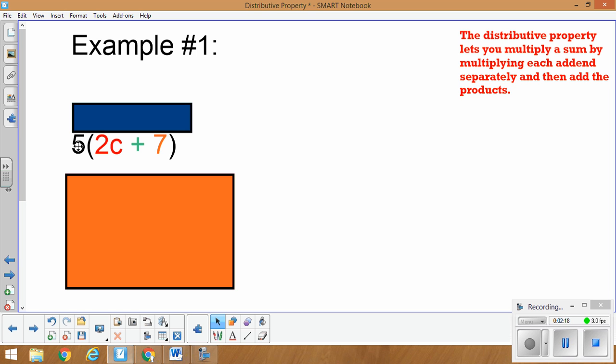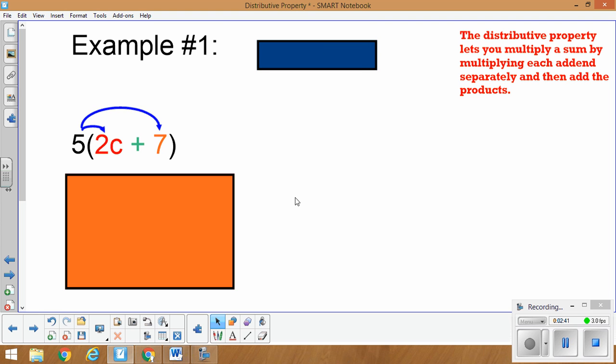So this says 5 times the quantity of 2c plus 7. So what we're going to do is take 2c plus 7. I can't add these together because I can't take a coefficient and add it to a constant. So I'm going to take the 5 on the outside and times each of these two numbers by 5. What I like to do is draw some arrows like this.